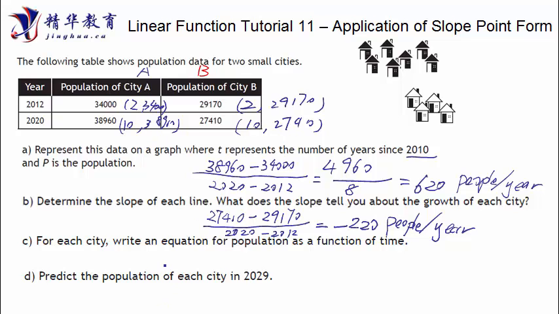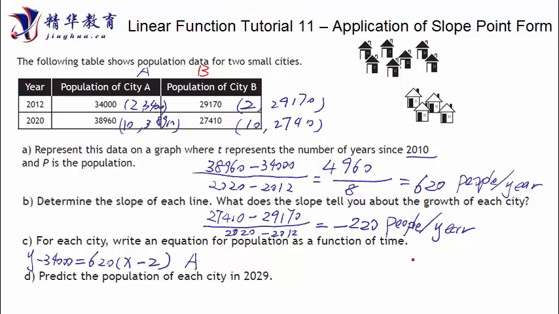Okay, we have a slope, and then we need to find the point. We've got a point, so we can just write the equation: y minus 34,000 is equal to 620 times x minus 2. Now that is the linear function for city A. Okay, good.